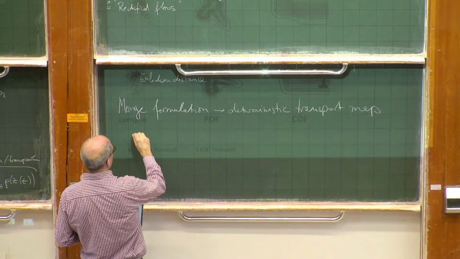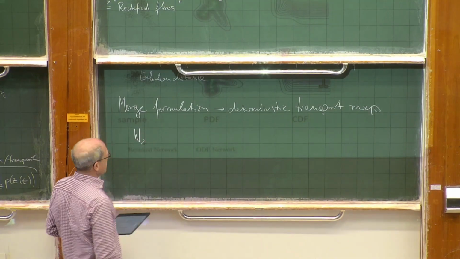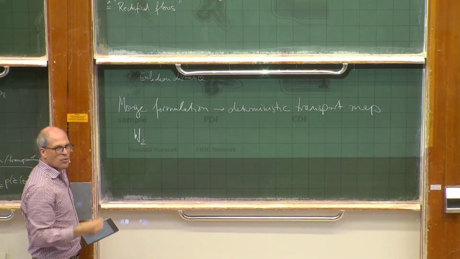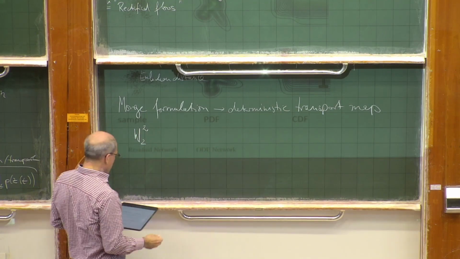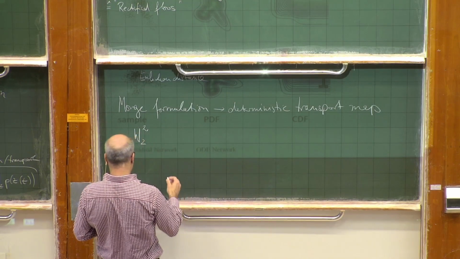And I'm writing now W for Wasserstein, 2 because it's the squared Euclidean distance, and I'm squaring it so that I don't need to write a square root.